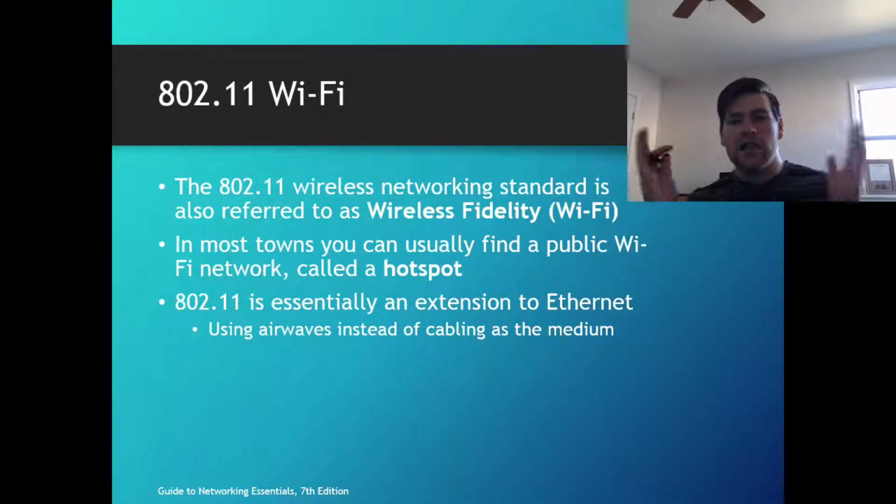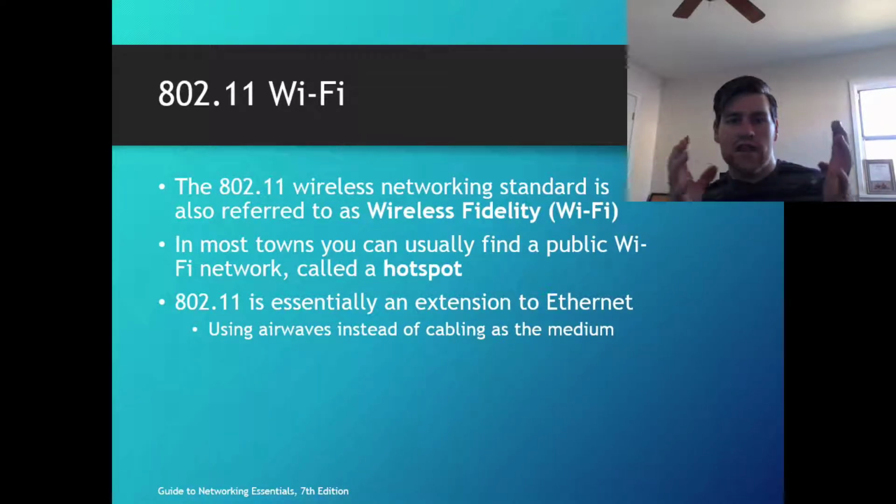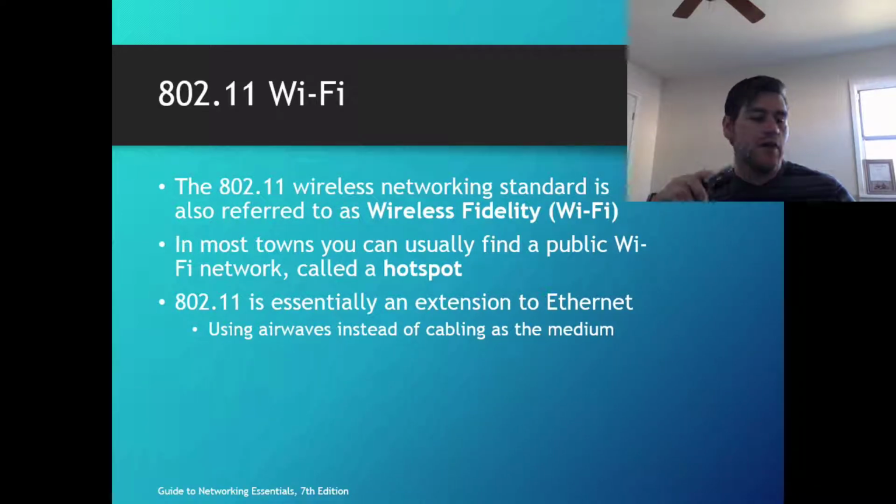802.11 or Wi-Fi is really just an extension to the Ethernet standard, so it's an extension to 802.3. The frames work the same way, so they still have MAC addresses that are characterized in the same exact way as Ethernet MAC addresses, and they still use the same type of frame.